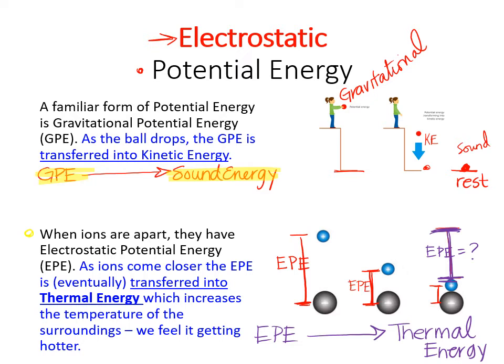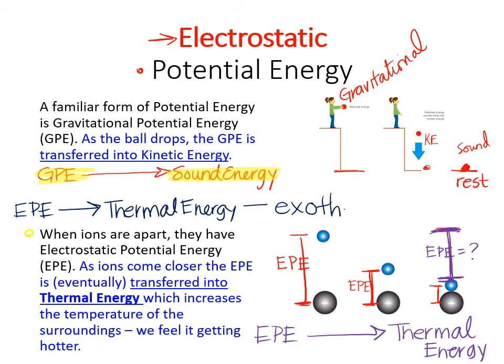So this means that the formation of ionic bonds has the transfer of electrostatic potential energy into thermal energy that is causing the temperature to rise around it. And when this happens, we say that it is exothermic. The thermal energy is gotten out of this interaction.